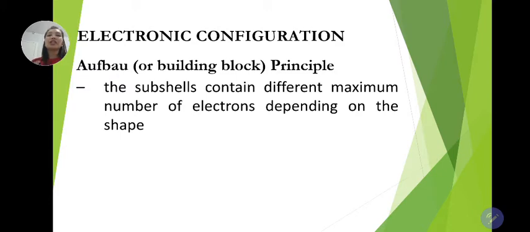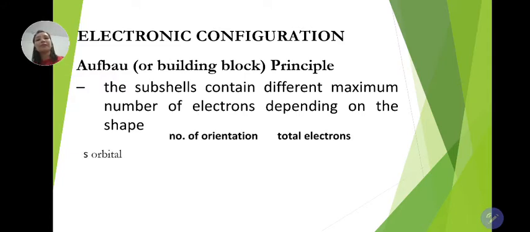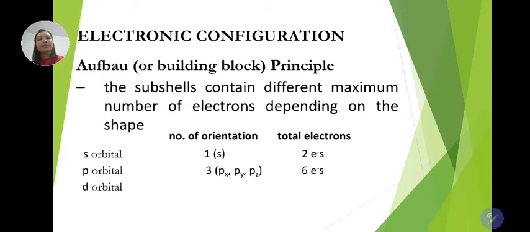So, the subshells contain different maximum number of electrons depending on their shape. So, depending on the shape, if we have s orbital, we have one orientation, so we can have 2 electrons there.